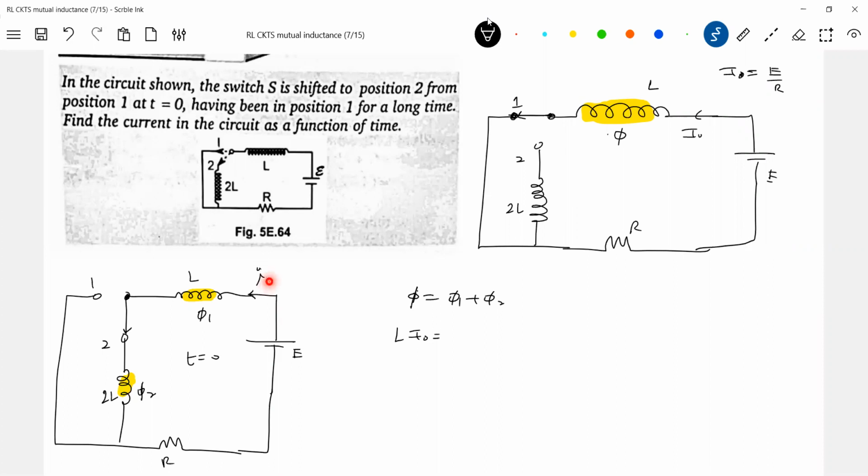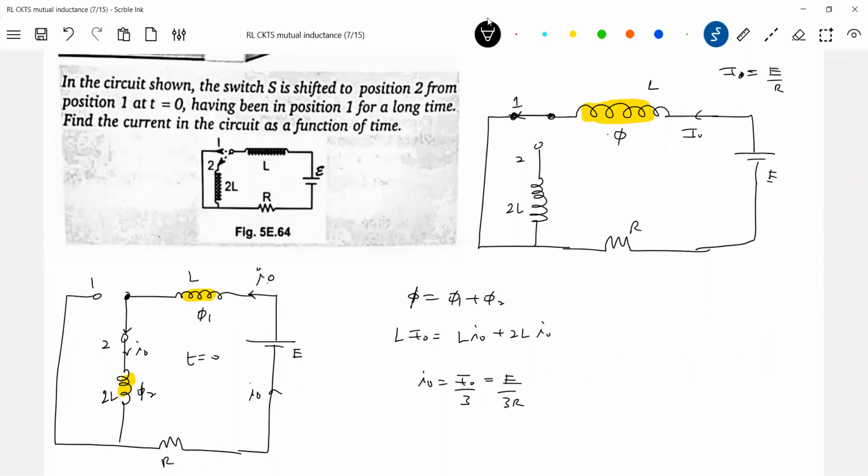Okay, I1. So this should be equal to how much? Flux linking: L into I naught should equal L into I1 plus 2L into I1. L gets cancelled. Therefore I1 should be equal to I naught by 3, or I1 is equal to E by 3R. So this much current will be flowing initially.